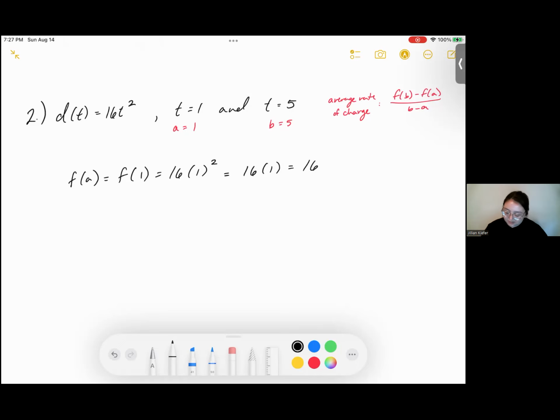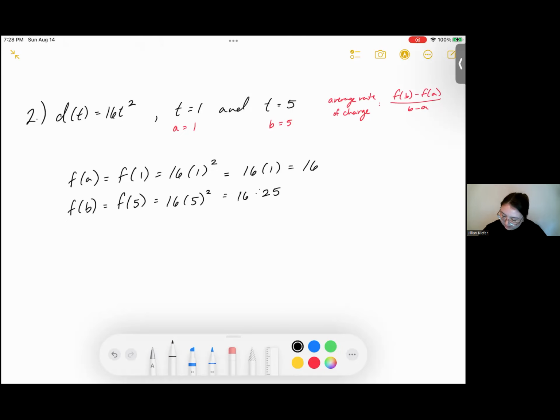All right. Then we have f of b. We said that b was 5. So we have our function evaluated at 5. Our function was d of t is equal to 16t squared. So we're going to plug in 5 for t. So we'll have 16 times 5 squared. 5 squared is 25.